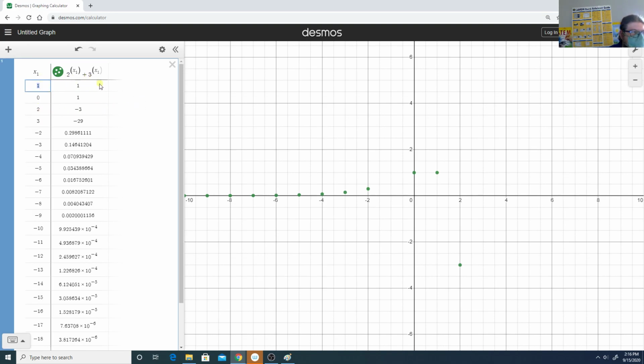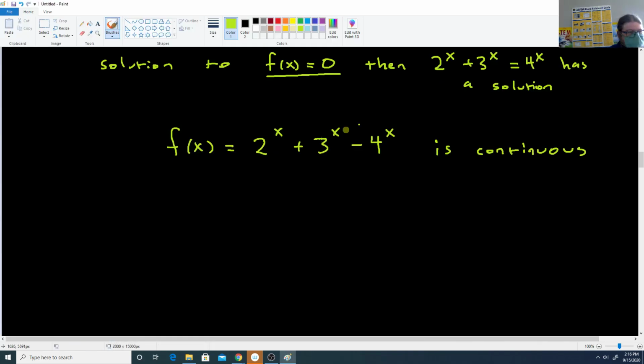So 1 gives a positive number, 1. 2 gives a negative number, negative 3. So since this function's continuous, it'll have to pass 0 somewhere in between there. Let's note f of 1 equals 2 to the first plus 3 to the first minus 4 to the first, which is 2 plus 3, which is 5, minus 4 is 1.